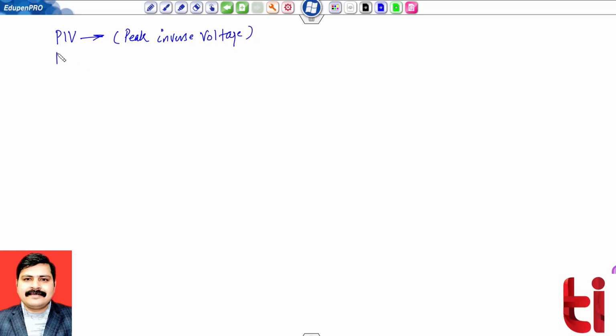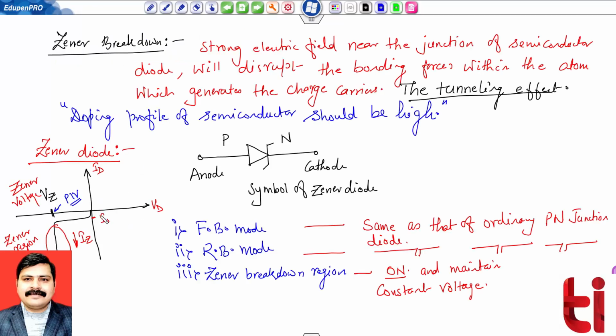In fact, in some literature, it is also termed as PRV, peak reverse voltage. Now, from this characteristic, one can easily understand that for an ordinary PN junction diode, we have to limit the reverse bias voltage so that this breakdown can never occur. If this breakdown occurs, that means my ordinary diode will be damaged. So PIV is that particular rating. PIV ensures that my diode is in survival mode.